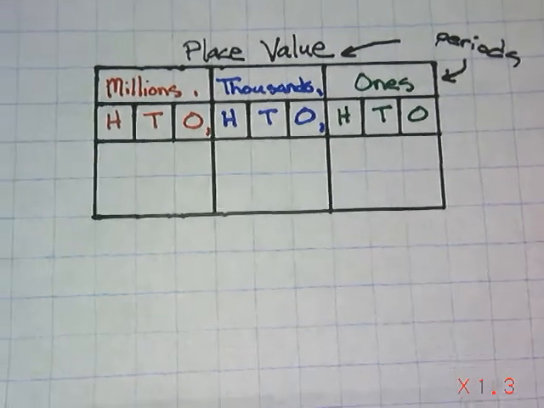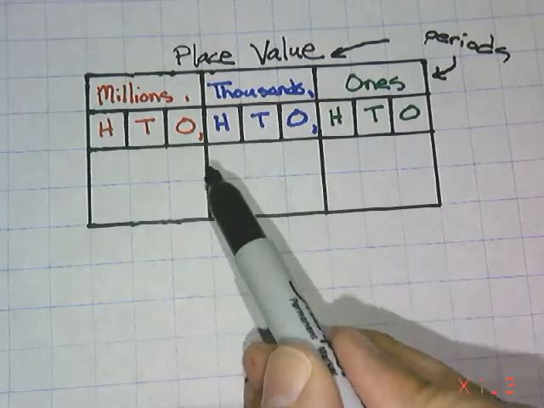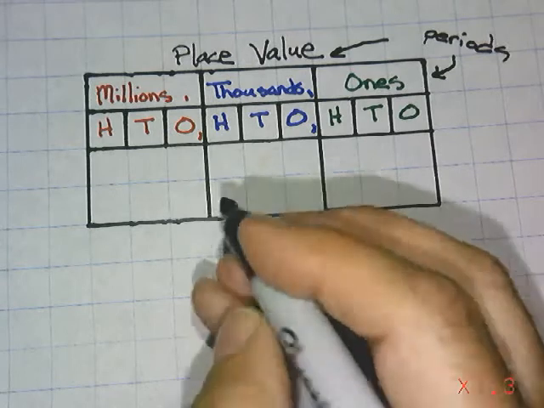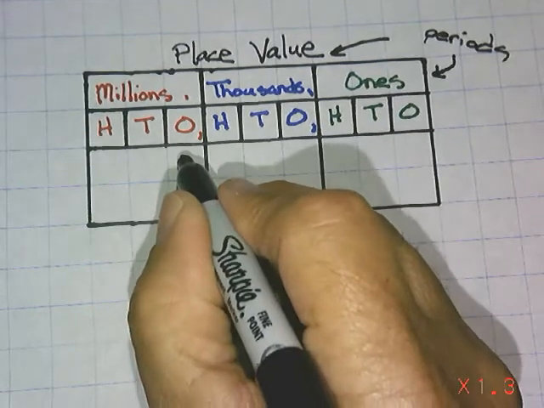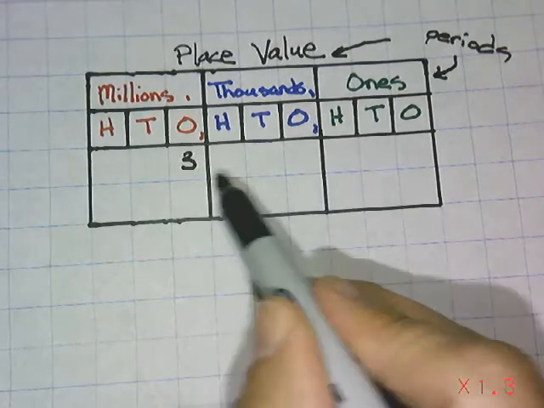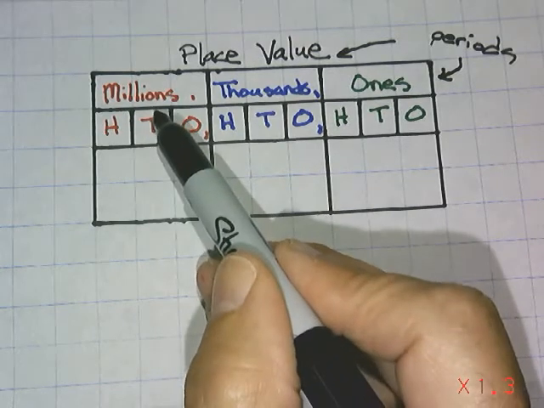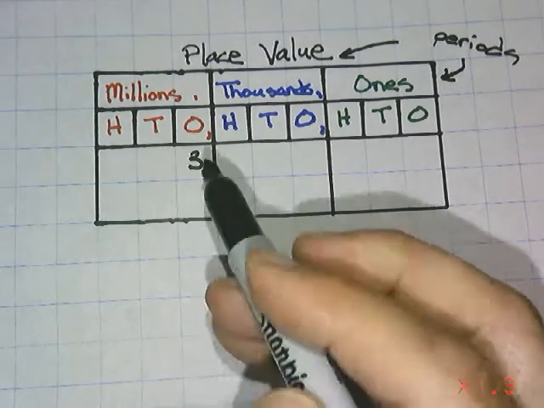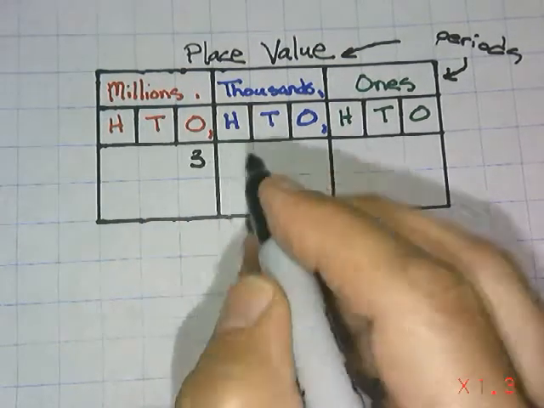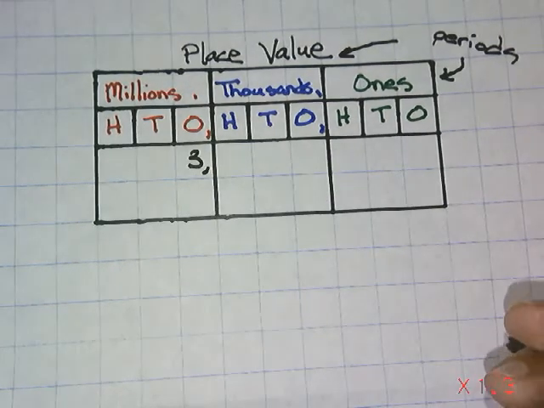So how that would work is that if you have a number within a period, you would have to say or write the name of that period. So for example, if you have, in this case, a 7-digit number, and you have a 3 within the millions period, you would actually have to say 3 million. And don't forget your comma. Call that a separator.